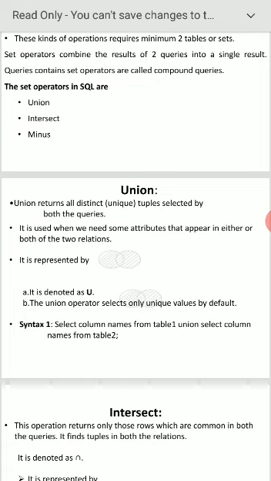If I take employee union company, it will combine all the tuples existing in both the tables, employee as well as company. Then it will give a new table or new relation as output. But suppose the same data exists in both the tables, it will extract it only once. Data will not be duplicated. That is the purpose and use of union.